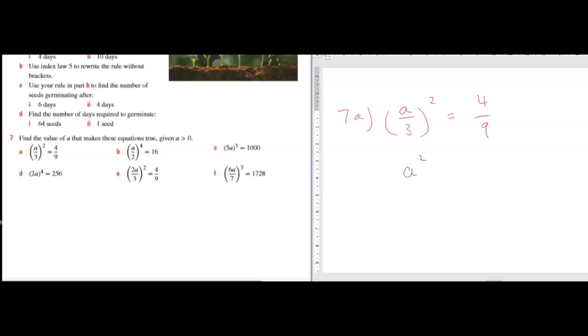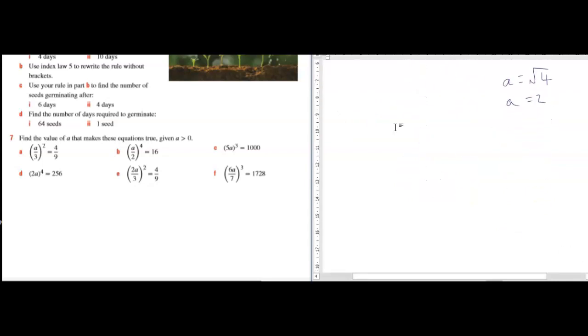So a to the power of 2 over 3 to the power of 2, which is 9. So you can see your denominators are the same, so I'm only working with the numerators. So that means a squared is equal to 4. So what number when multiplied by itself gives you 4? It's 2. So you could have also said, well, a is equal to the square root of 4, which is also 2. Okay, could have done it that way.